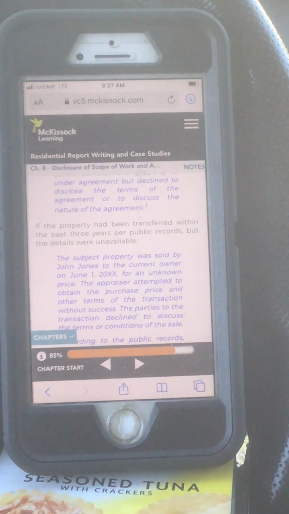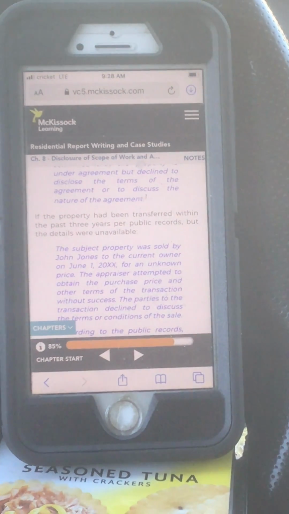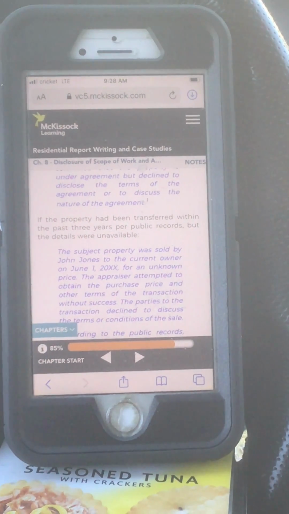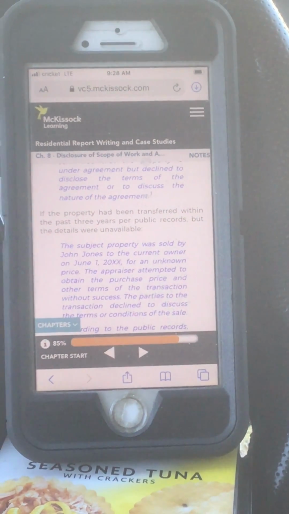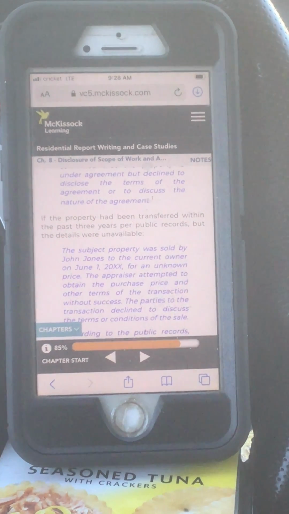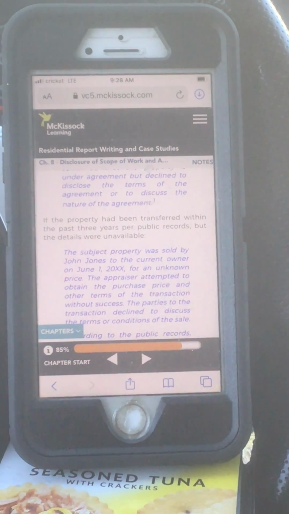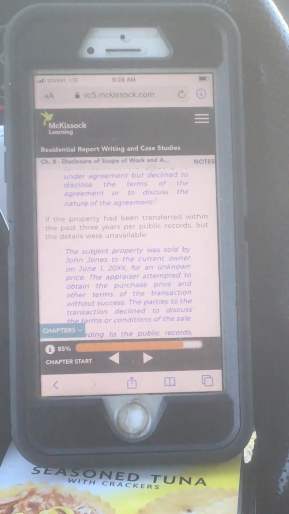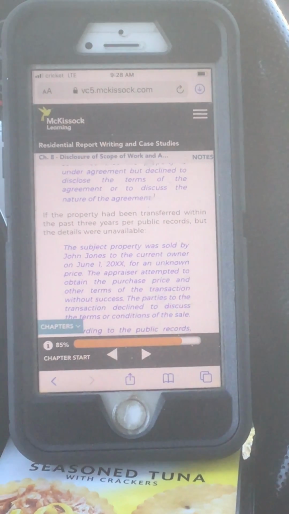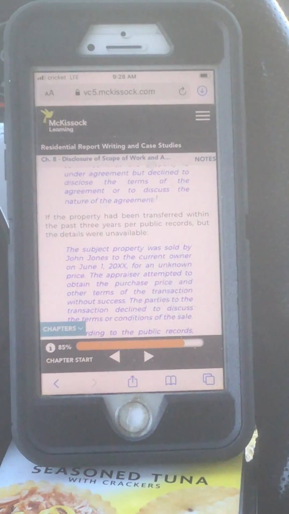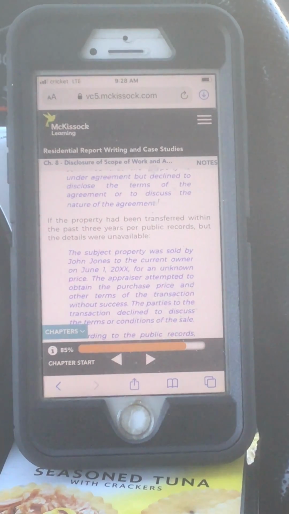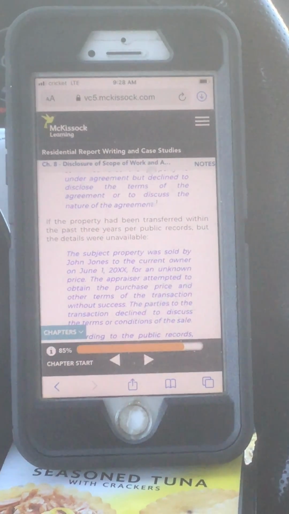nature of the agreement. If the property had been transferred within the past 3 years per public records, but the details were unavailable: The subject property was sold by John Jones to the current owner on June 1st, 20XX, for an unknown price. The appraiser attempted to obtain the purchase price and other terms of the transaction without success.